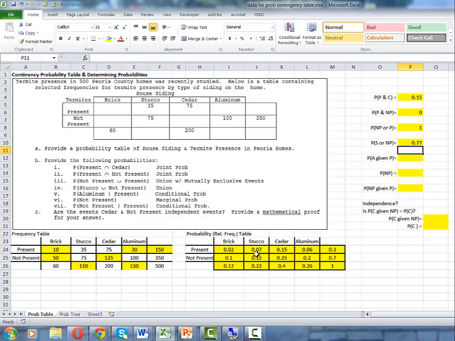If you recall from the notes, that is the joint probability of those two events, aluminum and present, divided by what's given here, present. So 0.3. Since I know that there are termites present, I can say that the likelihood that the house is aluminum is 0.2.